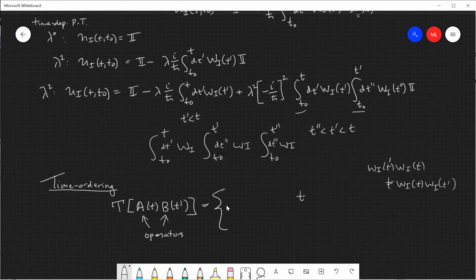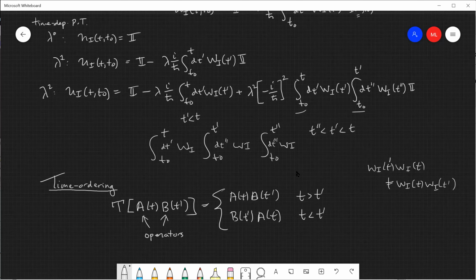If t is bigger than t prime, then you stay the same. So we want the later times to come first. And if not, then you just reverse their order. And this ensures that the operators stay in the correct order, with the later ones coming first.